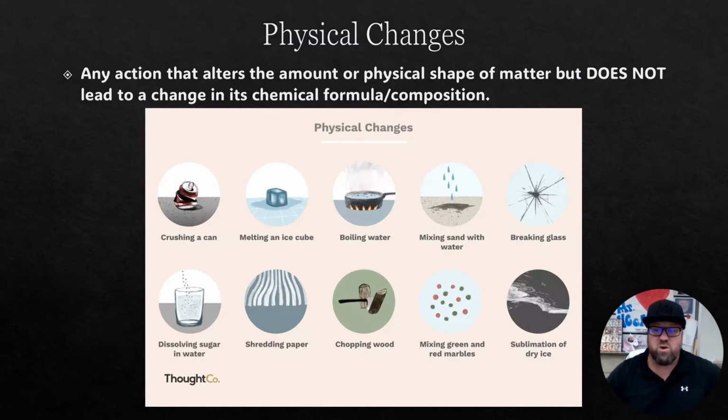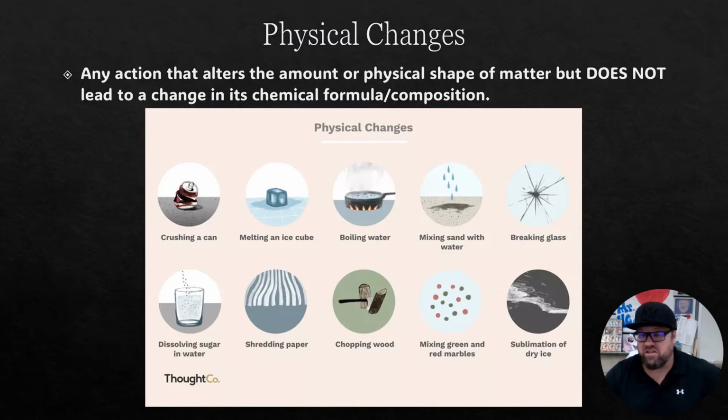Remember, whenever you observe a phase change, matter that is melting, freezing, evaporating, condensing, ionizing, right? Sublimating, going through sublimation, which we'll talk about. So any of our phase changes are always considered physical changes, not chemical reactions, because you're not changing the formula of the element or the matter involved.